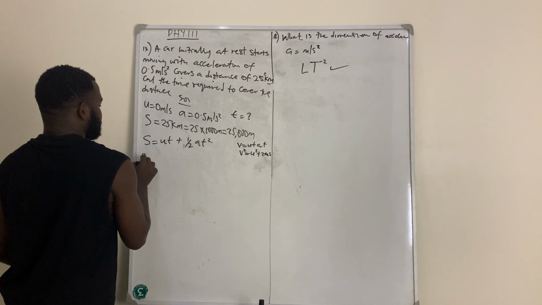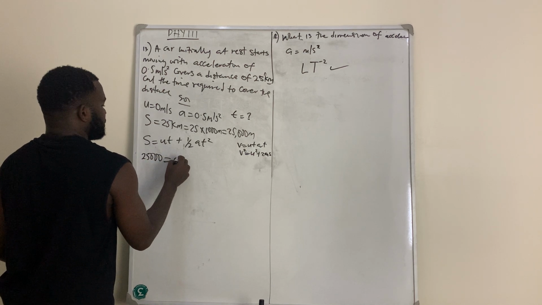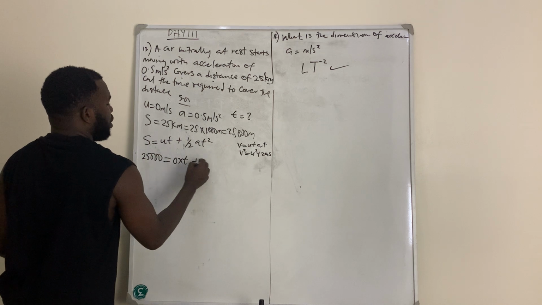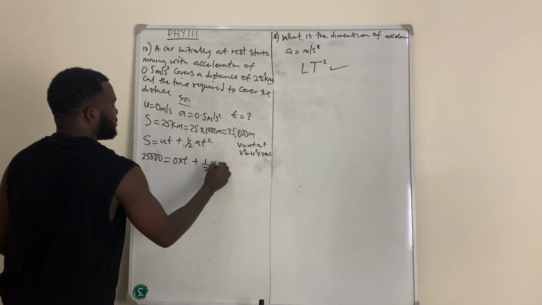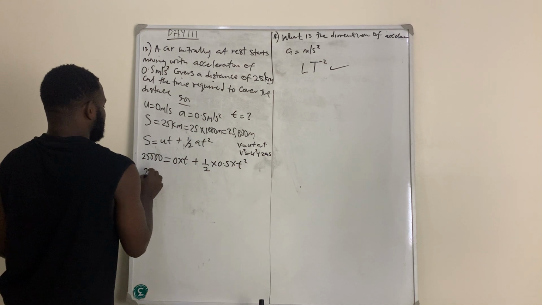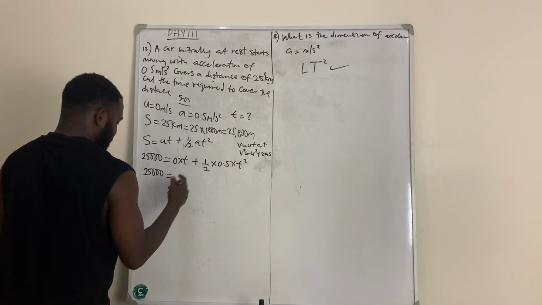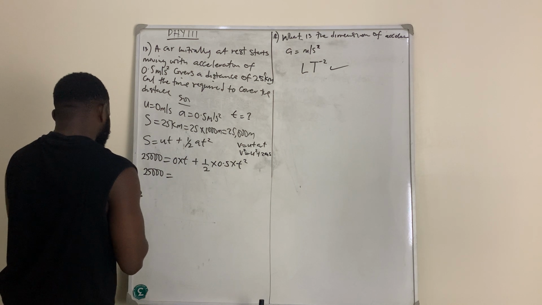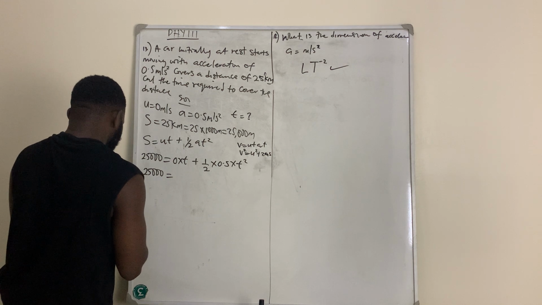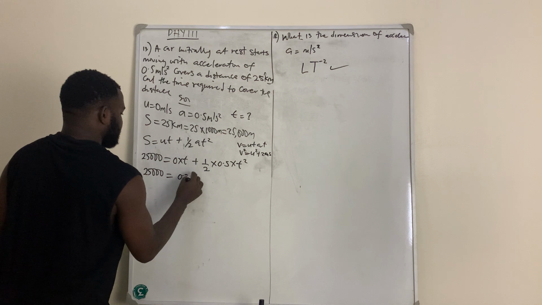So we now have 25,000. If you substitute, it is equal to the U, which is 0, times T that I'm looking for, plus 1 over 2 times 0.5 times T squared. So we now have 25,000 equals 0 times this, which is 0. So I'm having 0.5 divided by 2, you have 0.25 T squared.